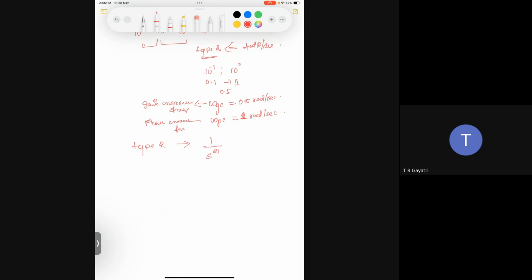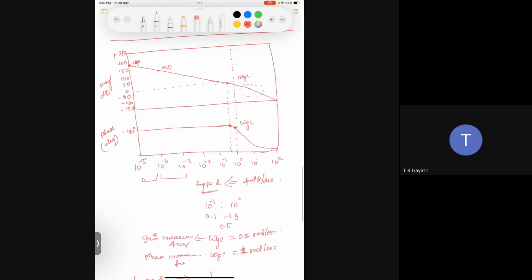This is marginally stable, but if I want to comment more on the stability, just intuitively, anything you can get in mind, just guess. Only the poles can tell the stability. That's okay.